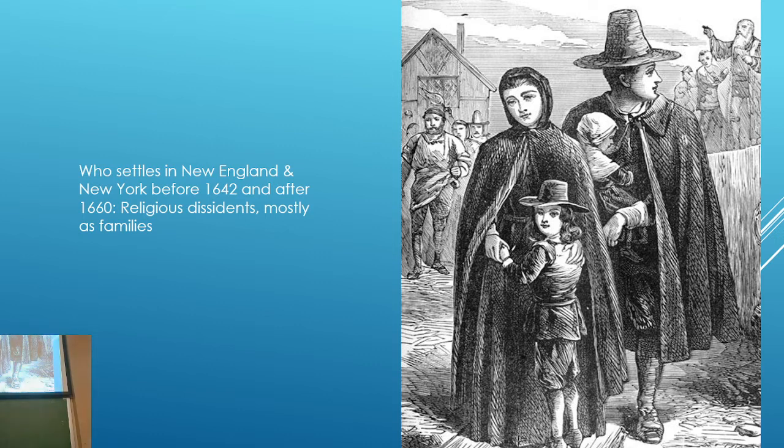New England is a very different kind of society, in part because it's a place that becomes a dumping ground for dissenters from the Anglican Church. Puritans, Pilgrims, and others. And these people mostly settle as families rather than as single men.